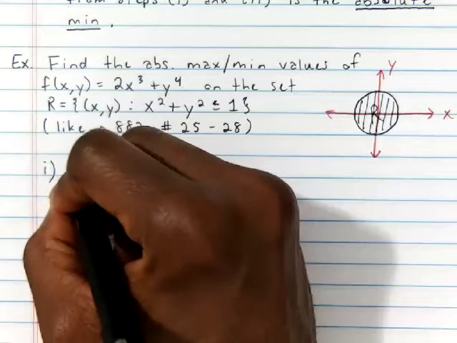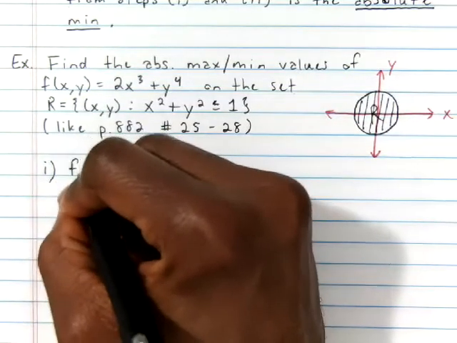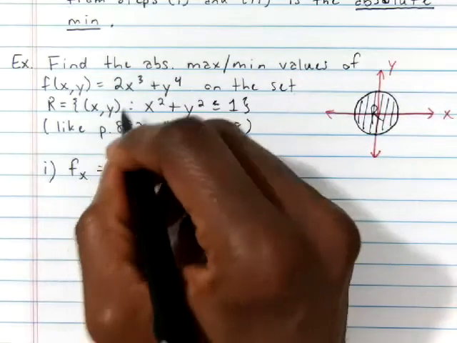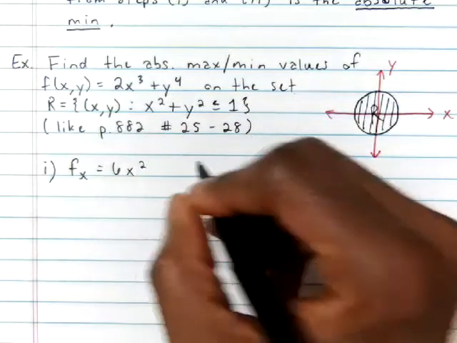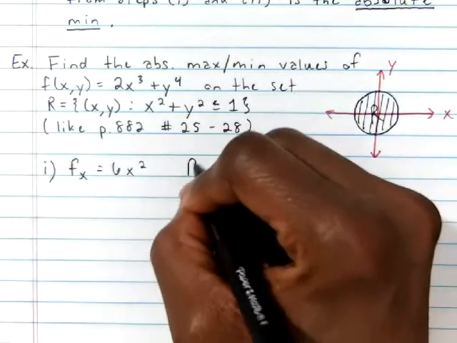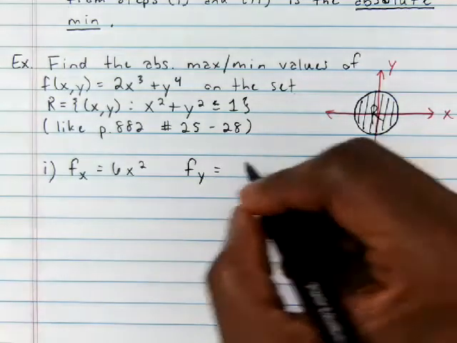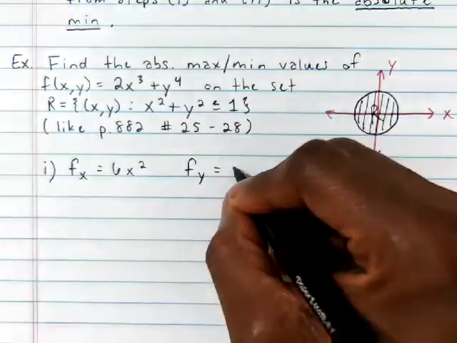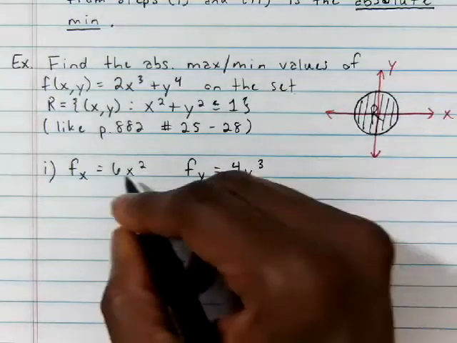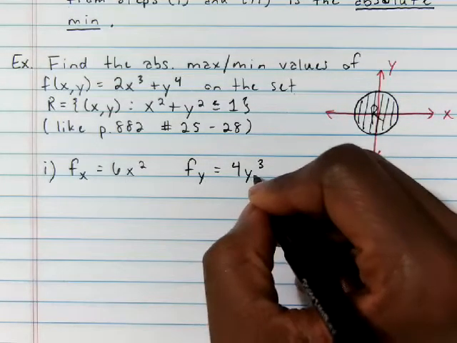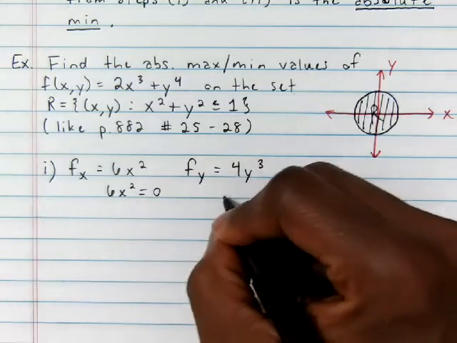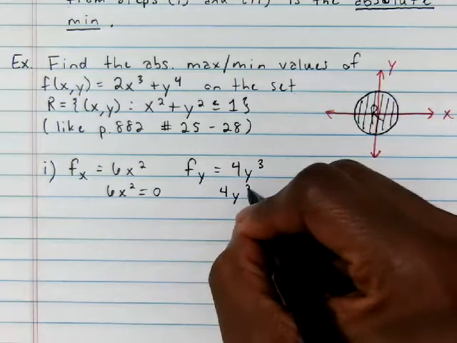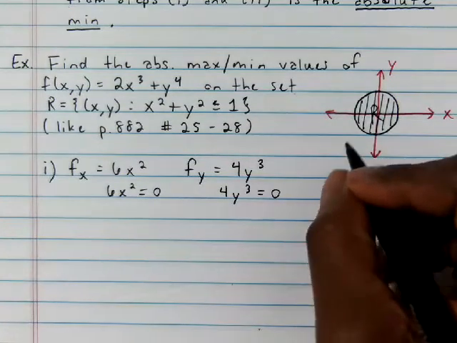So to find our critical points, we'll take the partial of f with respect to x, and we get 6x squared. And the partial of f with respect to y equals 4y cubed. So we need these both to be equal to 0 simultaneously. So we have 6x squared equals 0, 4y cubed equals 0.